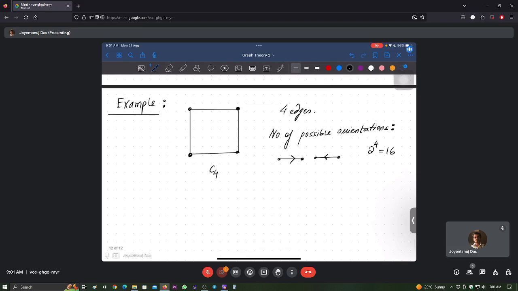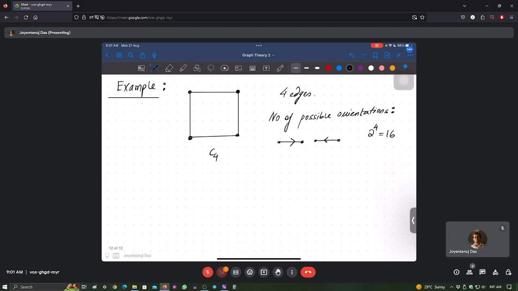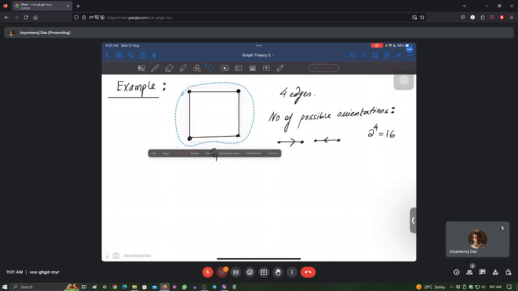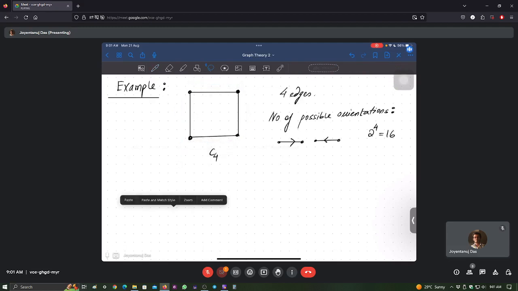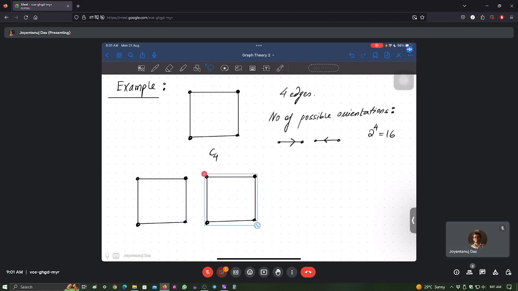Among these orientations, if I take these two special types of orientation, then it is a cycle, right? If I take the opposite, counterclockwise, that is also a cycle.